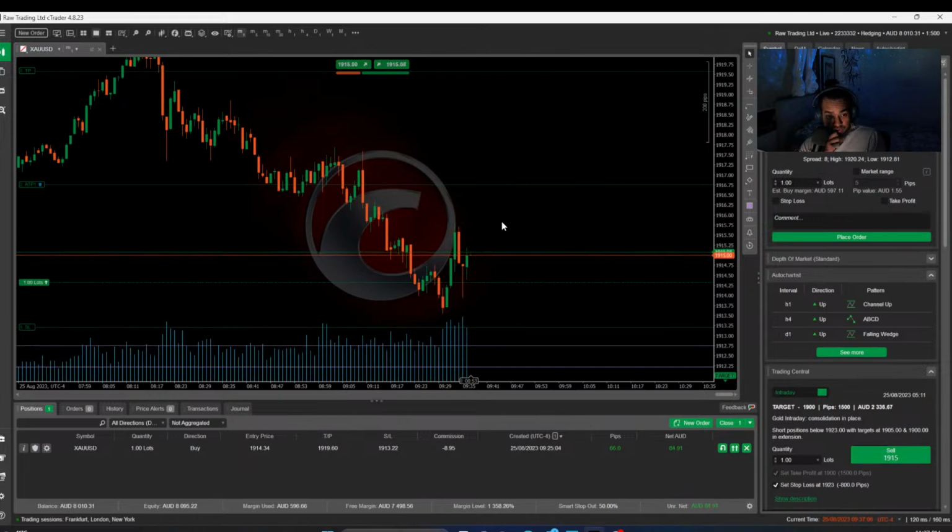Let's wait for the next 5-minute candle and look at how it closes.